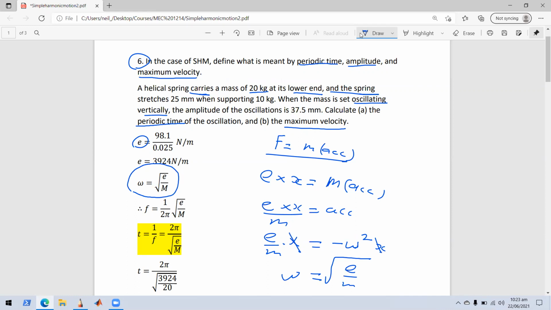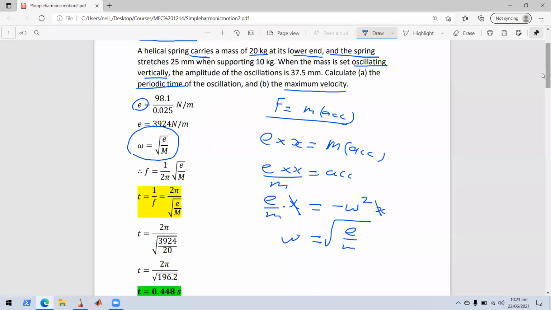Okay? Sir, I just looked away for a minute there. How did you get omega squared there? So acceleration, because remember, this is a simple harmonic motion system, we're doing SHM, so the old formula for acceleration applies.